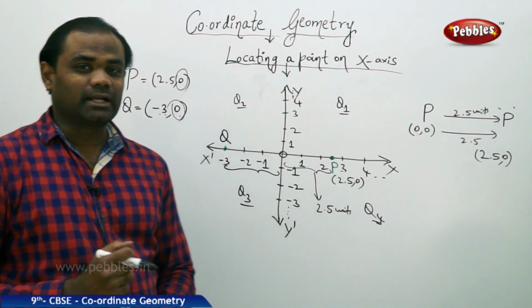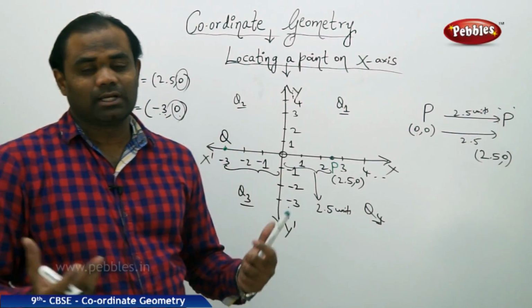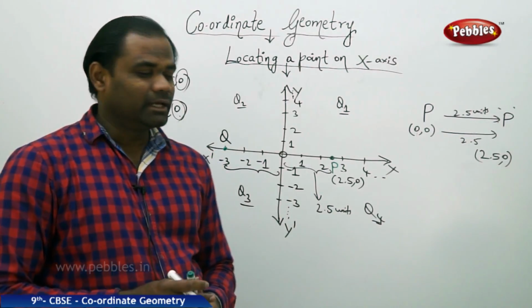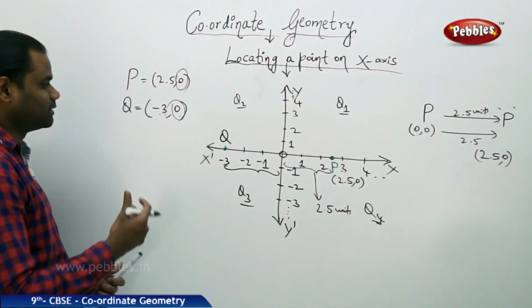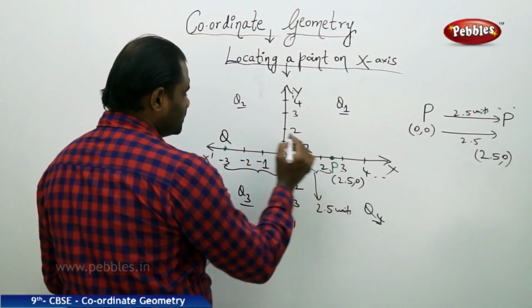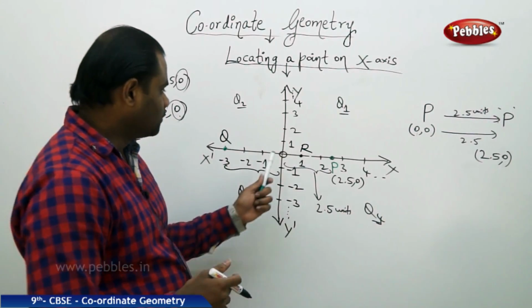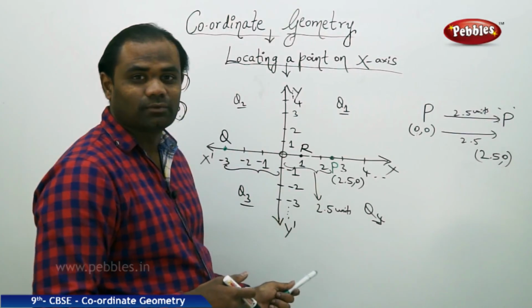So what do we understand from seeing these two coordinates? What is the learning outcome? Clearly, if we try with another point, say R, I see that the coordinates of R are 1 unit to the right, no change in y.